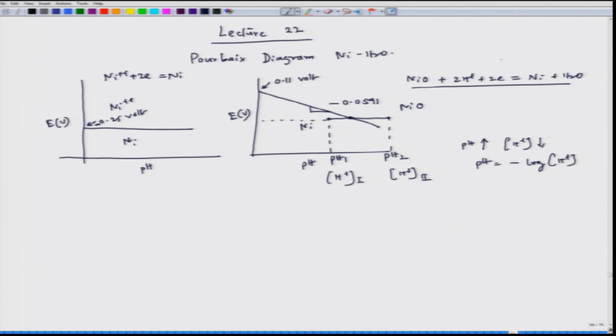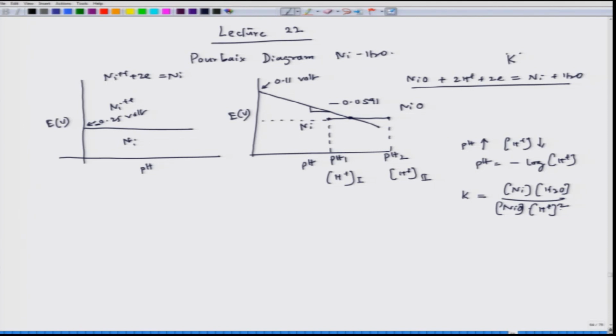Now, for this reaction we can consider a reaction equilibrium constant which is K. So, this K can be written in terms of concentration of Ni, so we can write this for this chemical reaction.